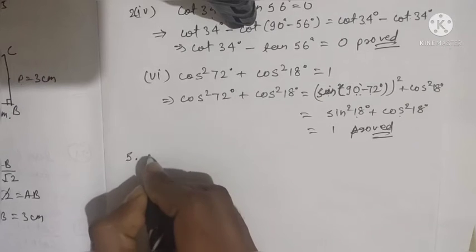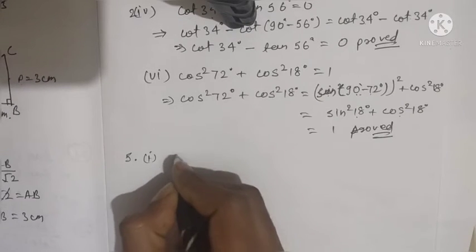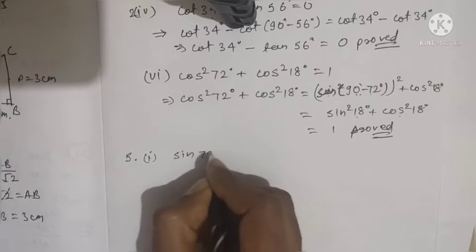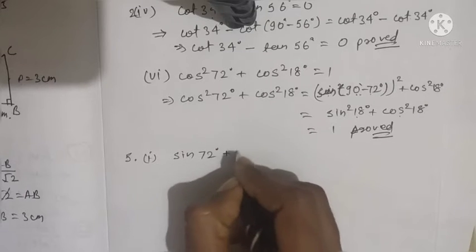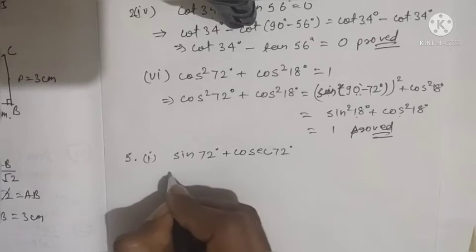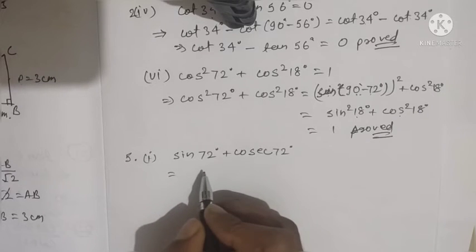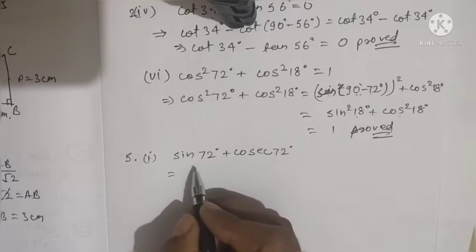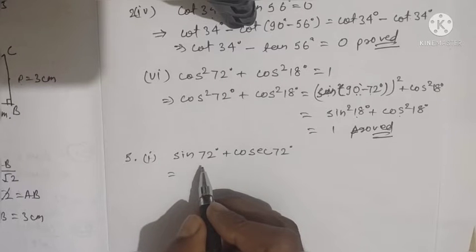And question number 1 of 5 is sin 72 degree plus cosec 72 degree. Now in this particular question we have to convert this into such trigonometric ratios so that the angle lies between 0 and 45, which means the angle should be less than 45 degree.